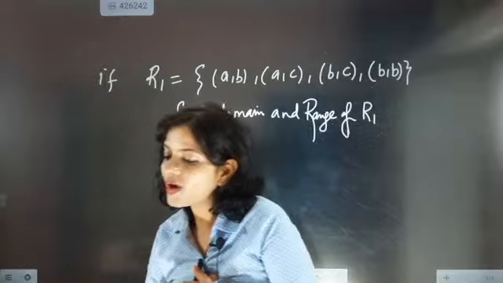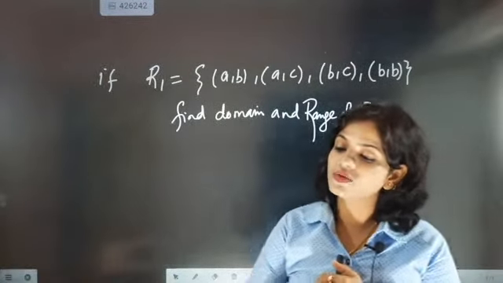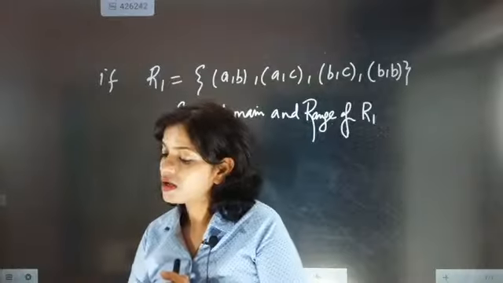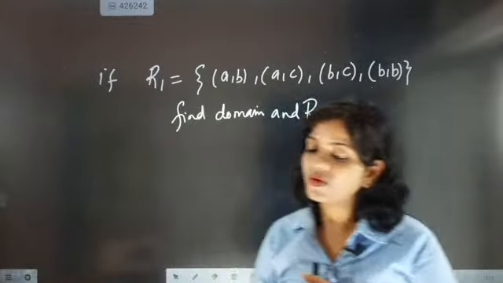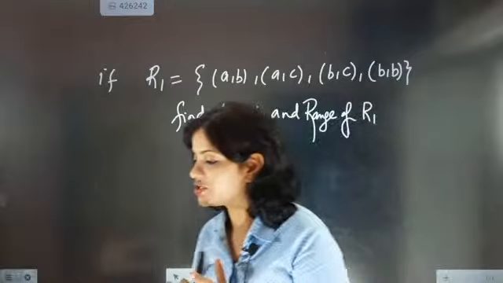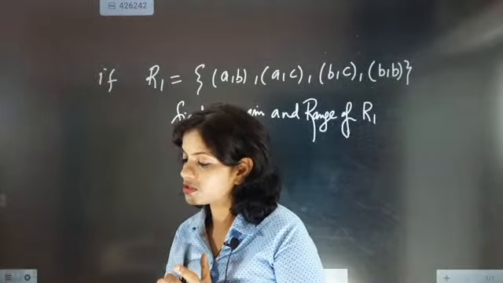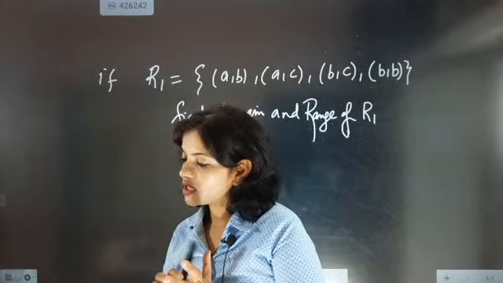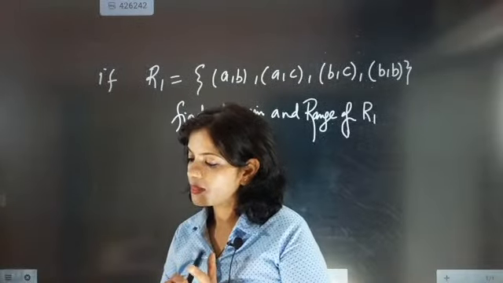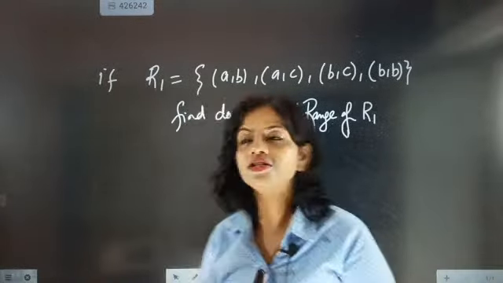Domain, yes. The one which is related to B will be called the domain. A and B are the domain. Gautam, Vikas, Nitish. Range is B and C. Come on, let's check this one out.